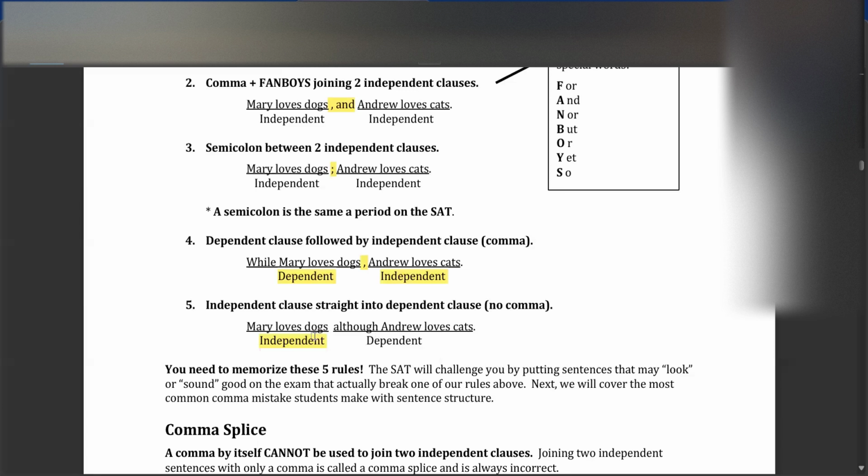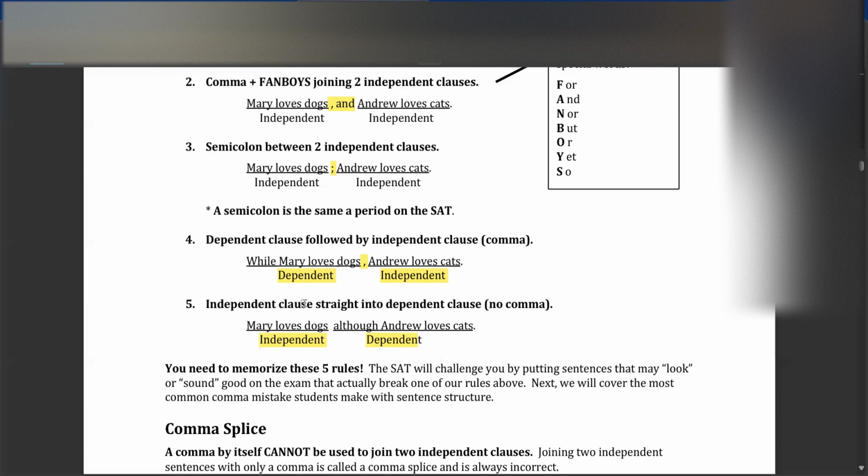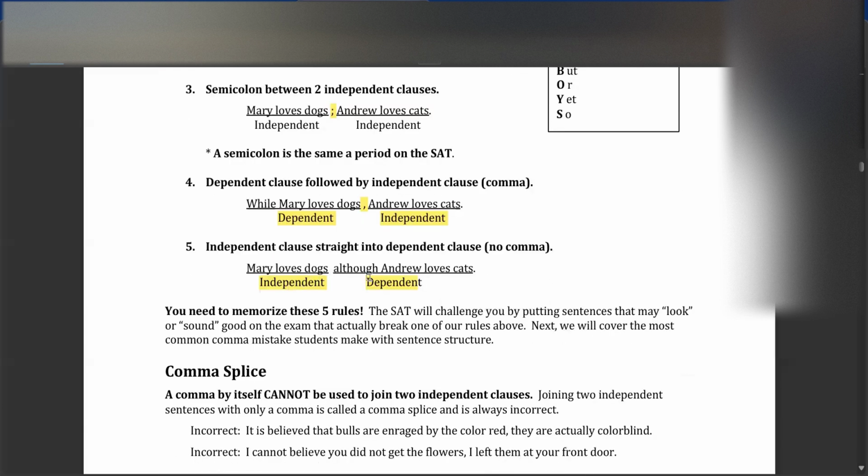But the other way around, if we start with dependent, we always put a comma. So dependent, comma, independent. The opposite, we don't put a comma. Like, Mary loves dogs although Andrew loves cats. If you notice, in this sentence we didn't put a comma. But this one: while Mary loves dogs, this is the dependent clause, comma, Andrew loves cats.